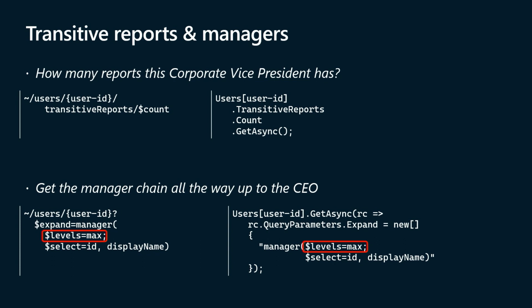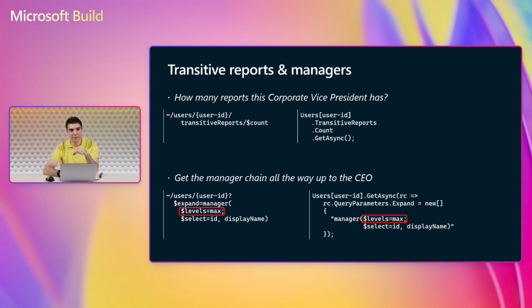So this is the case where levels equal max is one of the discriminators that I was showing you in one of the earlier slides. And this doesn't require count, also because count on the individual user really doesn't make sense. So you can use this API just by using expand, levels equal max, and the eventual consistency header.